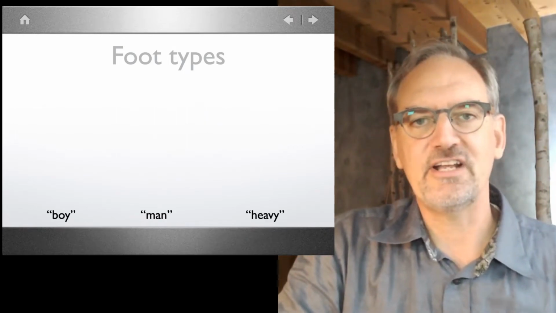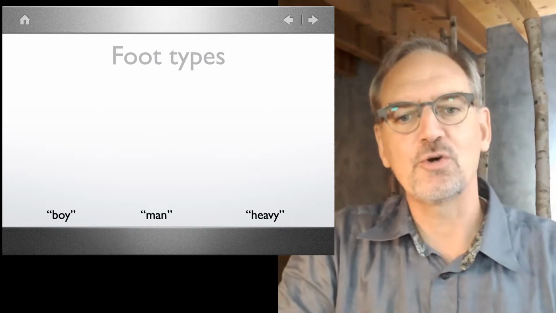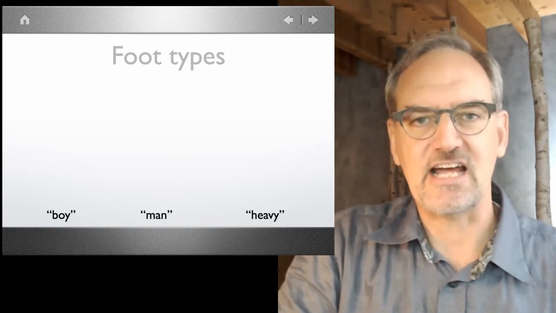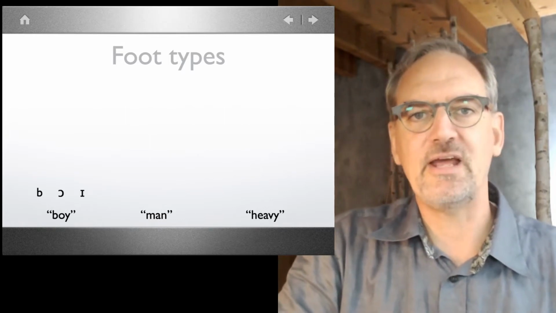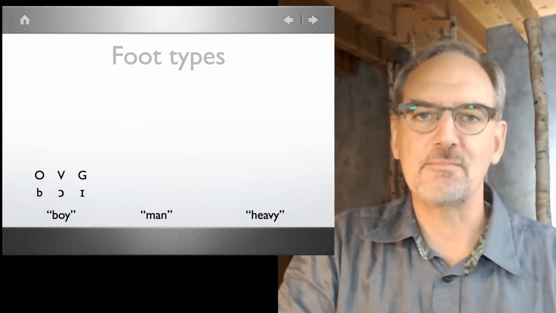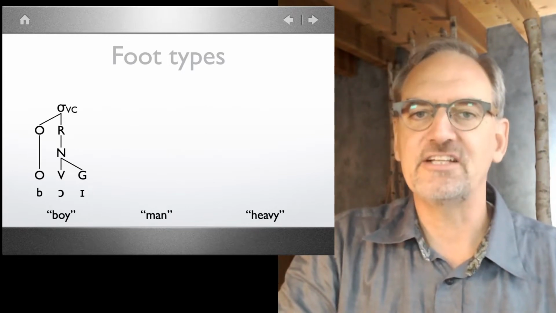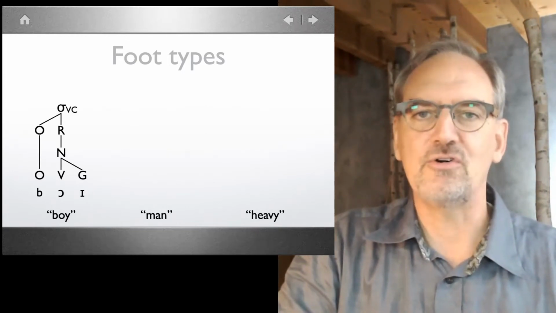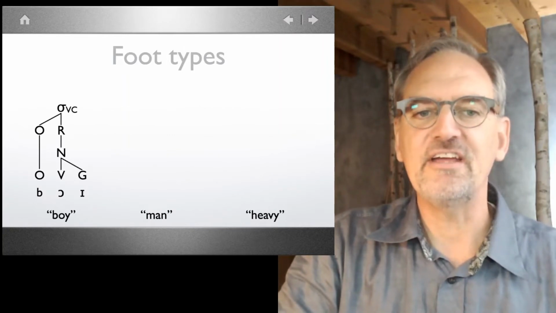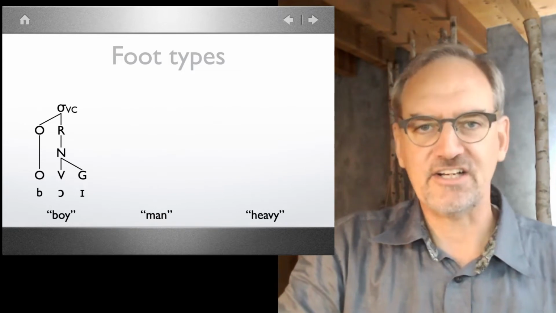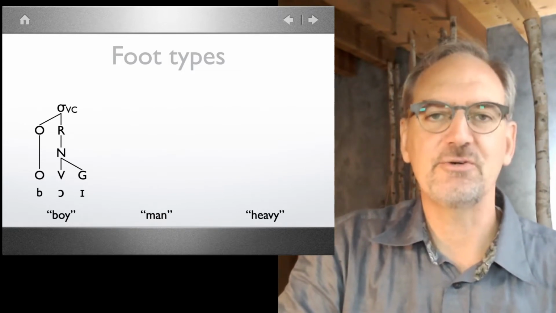They're illustrated by three different words. So the words boy, man, and heavy show three different types. Boy is made up of three segments. An obstruent, vowel, glide sequence forms a branching nucleus. The vowel glide is a diphthong, oi, which produces a syllable with a vowel and a consonant together in a branching rhyme.